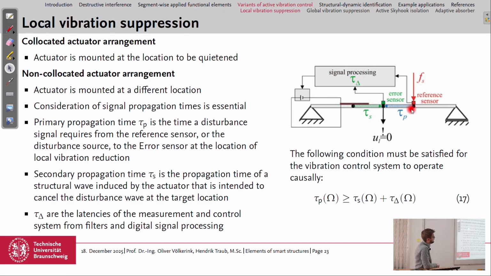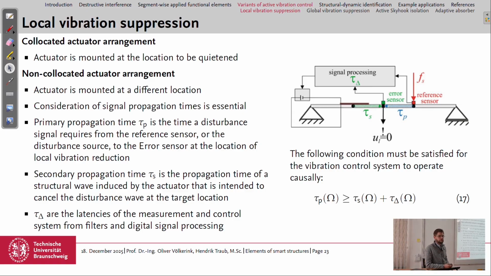So our sensor is here to know the excitation force. And from this recorded signal of the disturbance, we need to calculate in the control loop our signal for the actuator. And this also takes time and also limits the positioning of the actuator.